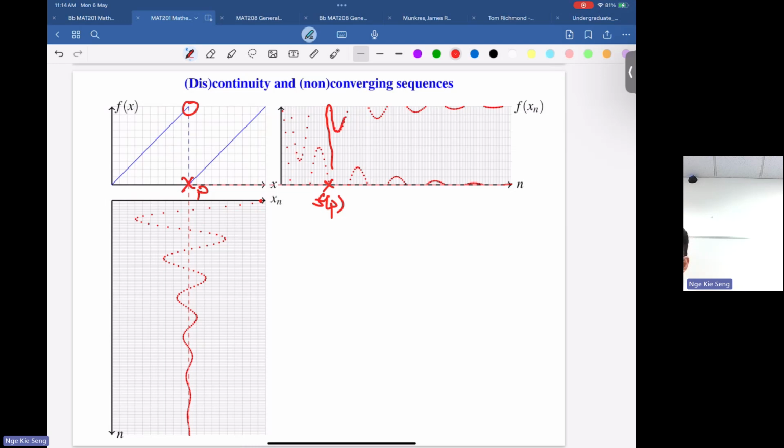Then you return to f(P). Does it make sense? Anyone following? So you can see that f of this Sn is not converging. There's no limit point here. So this is a visual way to see Sn to P and f(Sn) to P.